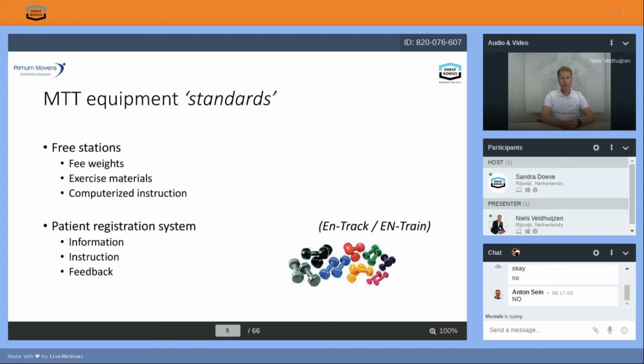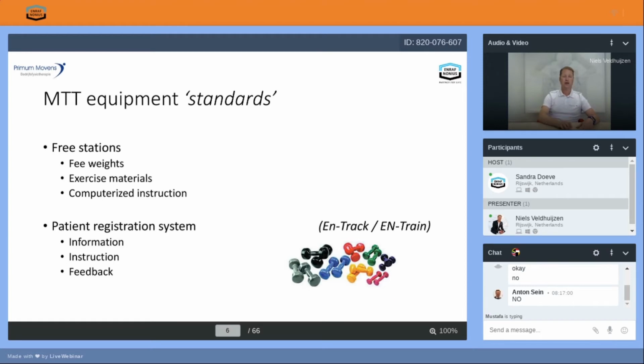The fourth point of standard equipment is a patient registration system. Enraf has the N-Track and N-Train registration system. You use that for information and for instruction, and you can even use it for feedback. That is important if you have a training room where patients work their way around the different stations.